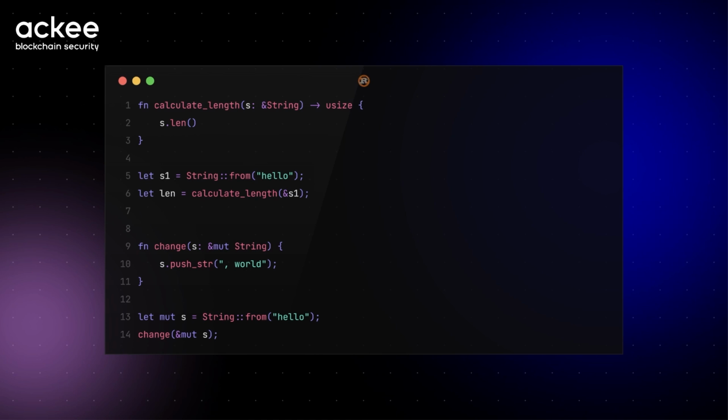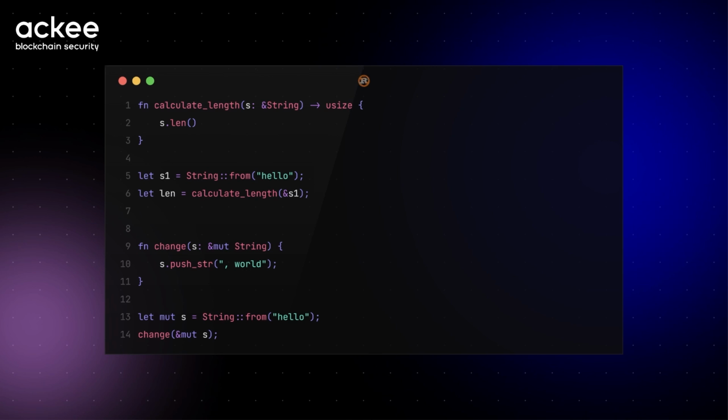As I was saying about ownership, let's say you have a variable, which you can see on line 5. The variable is called S1, and this variable has ownership over the string. Then on line 6, we call calculate length, but we do not transfer ownership of the string to the new variable, the parameter of the function.